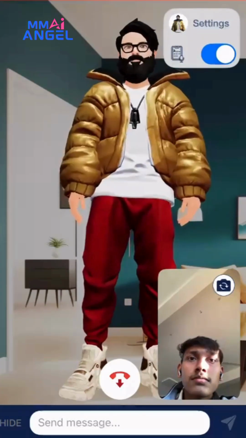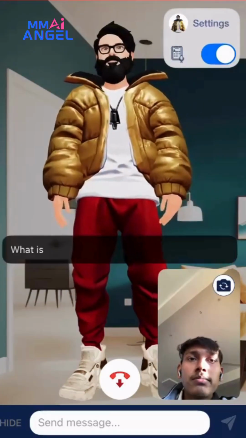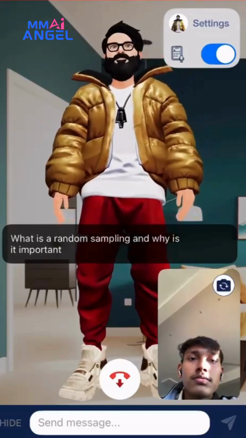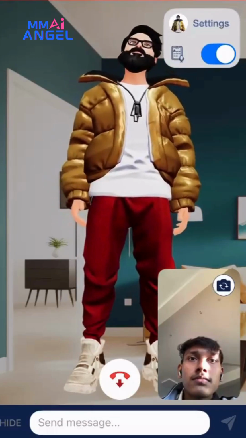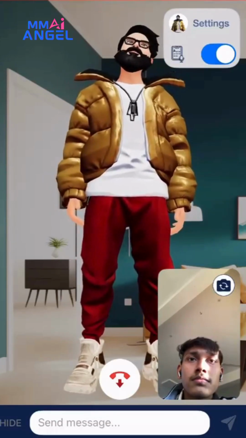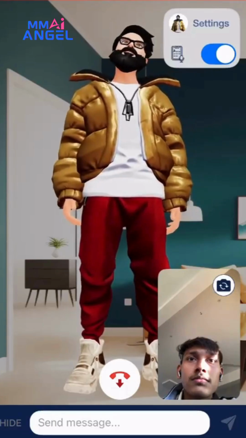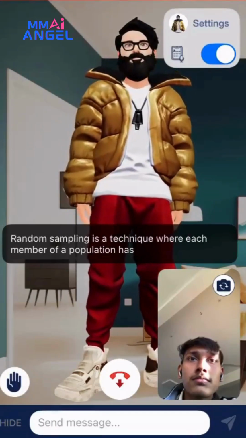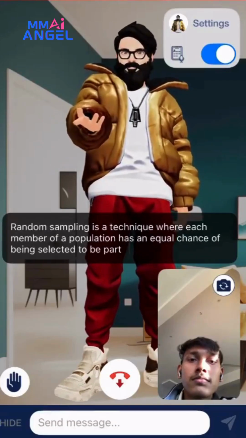I'm here to help. What is random sampling and why is it important? Random sampling is a technique where each member of a population has an equal chance of being selected to be part of a sample.